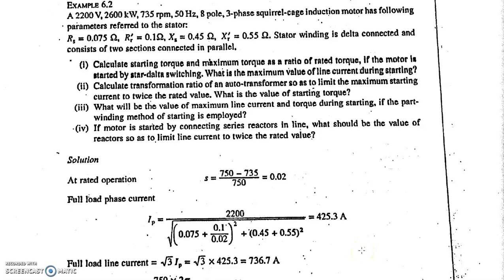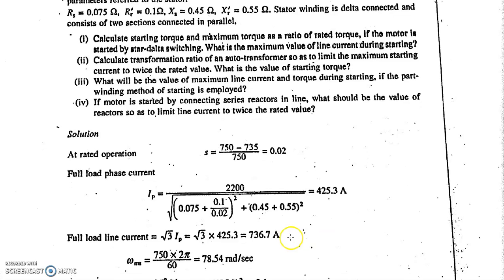So the value of phase current is 425.3 ampere, and this is the full load phase current. The full load line current is root 3 IP because the motor is delta connected. So the full load line current will become 736.7 ampere.